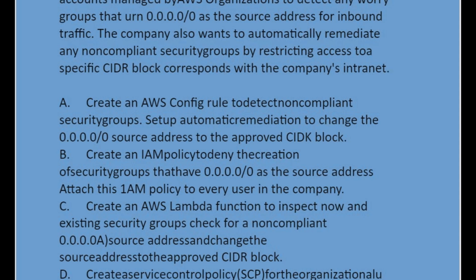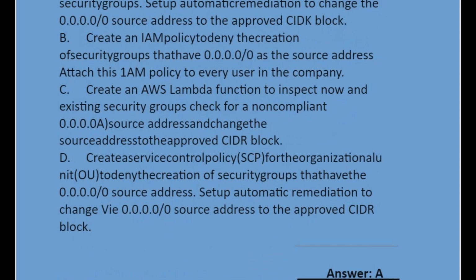Option B. Create an IAM policy to deny the creation of security groups that have this source as the source address. Attach this IAM policy to every user in the company. Option C. Create an AWS Lambda function to inspect new and existing security groups, check for non-compliance with this source address, and change the source address to the approved CIDR block.